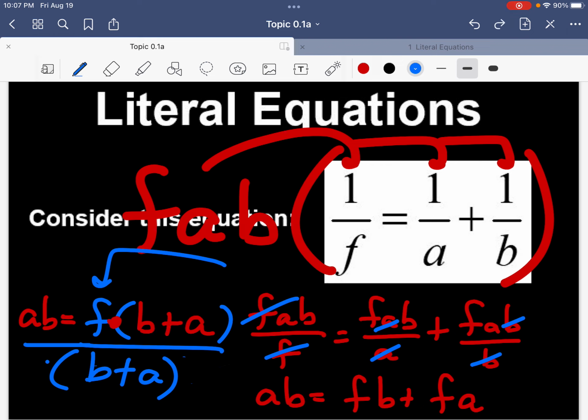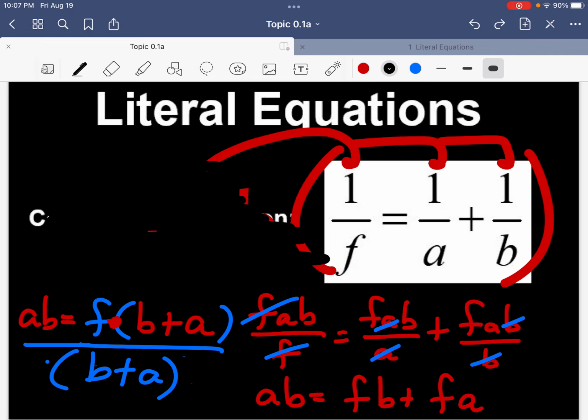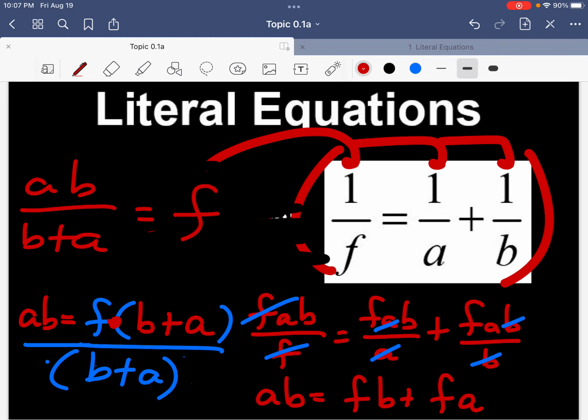On the other side, it leaves you with a fraction. You're going to have the ab that's hanging out over there now over b plus a, and that equals f. And we just solved that literal equation for f.